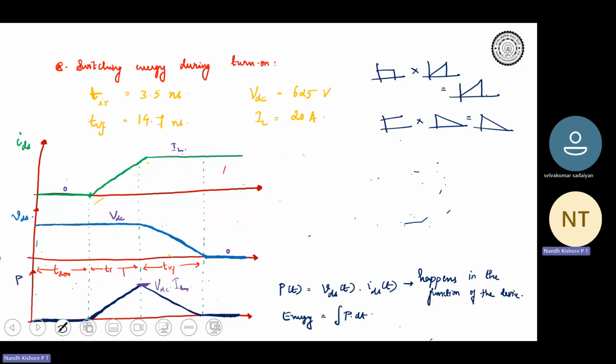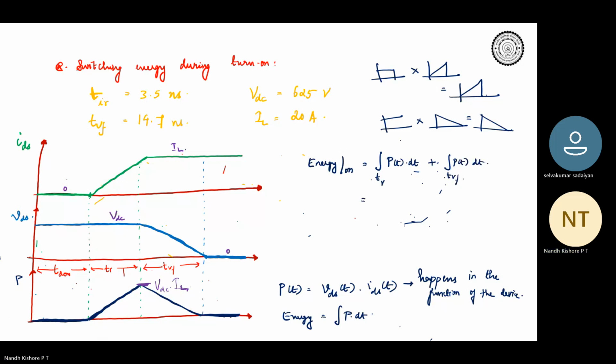Energy during the on period is basically integral of P of T dt during the current rise period and integral of P of T dt during the voltage fall period.